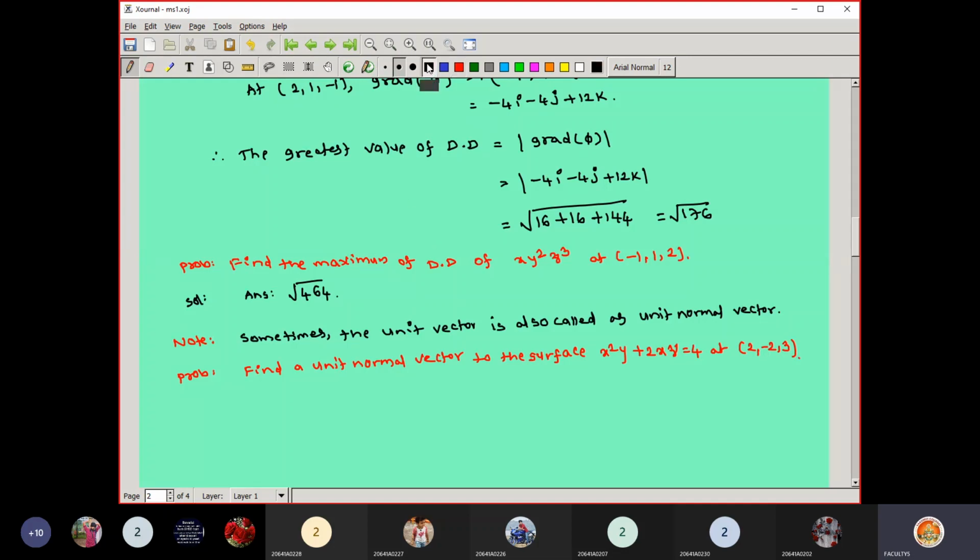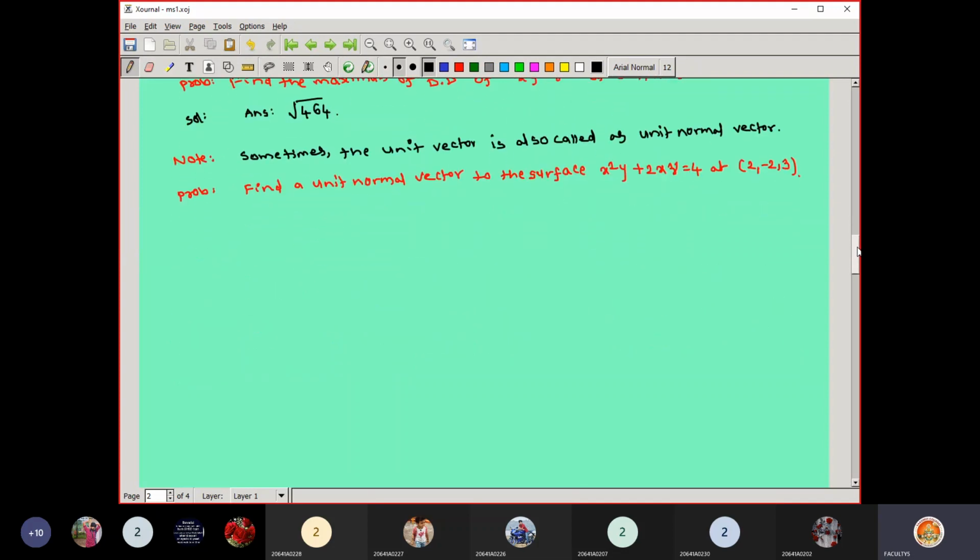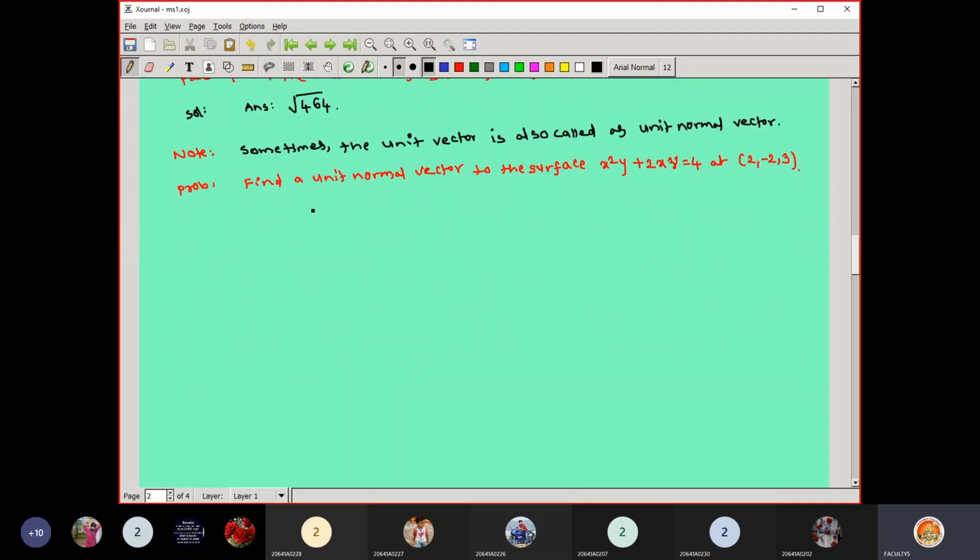What do you mean by unit normal vector? Indirectly you are calculating a unit vector. To find a unit vector, we need one vector there. When a vector is available, only then can you calculate a unit vector. Is there any vector in the given statement? No, it is a scalar.